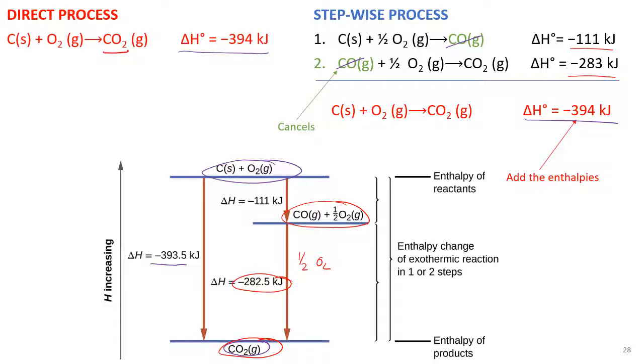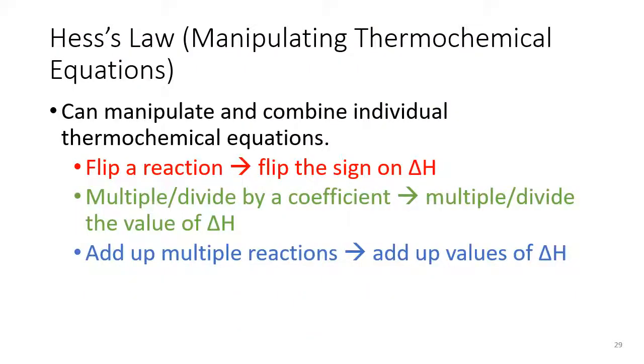It doesn't matter if the reaction occurs in one step or a series of steps. If we can get the series of steps to add up to the overall equation that we're interested in studying, we can manipulate the individual enthalpies and the individual equations to get them to add up to what we want them to. There are a few things that we can do in order to manipulate thermochemical equations.